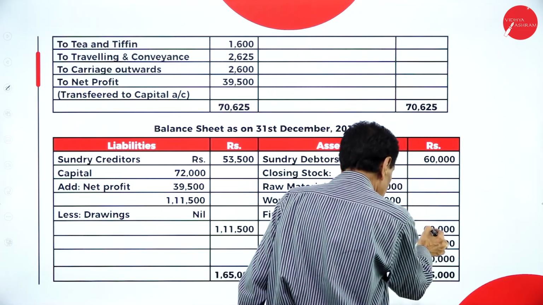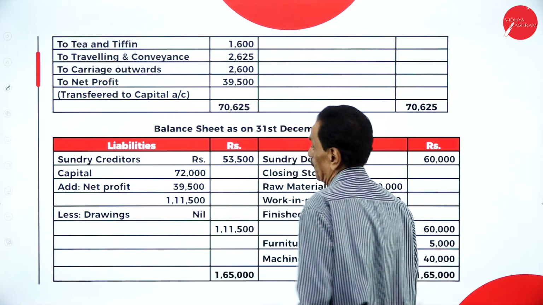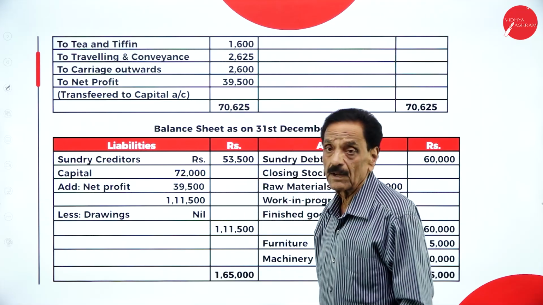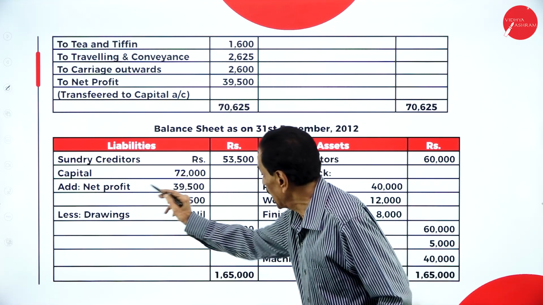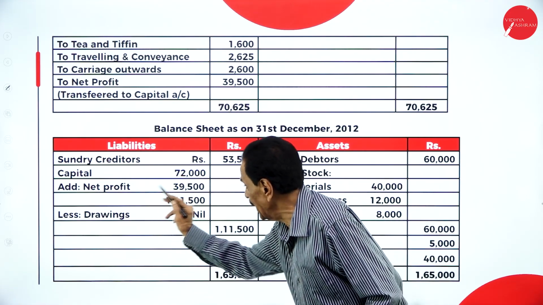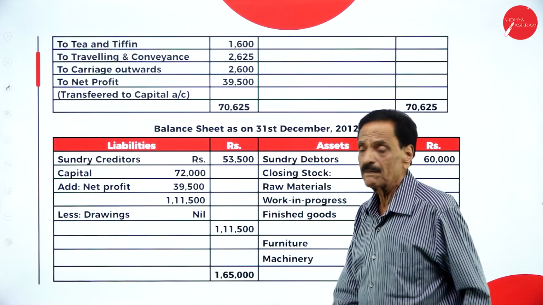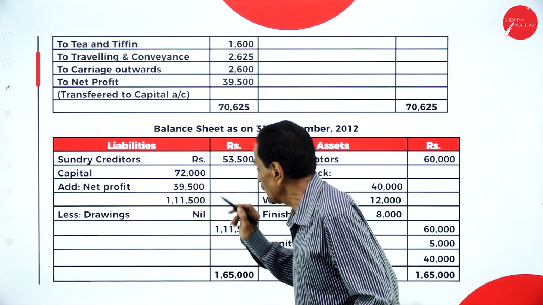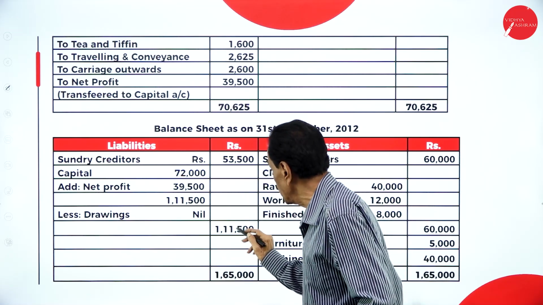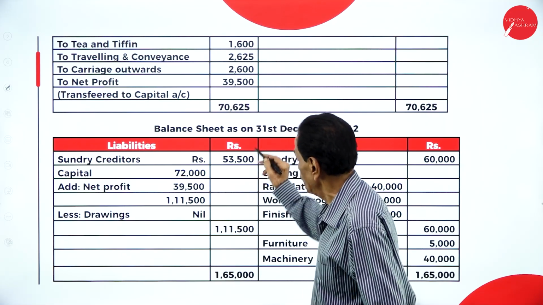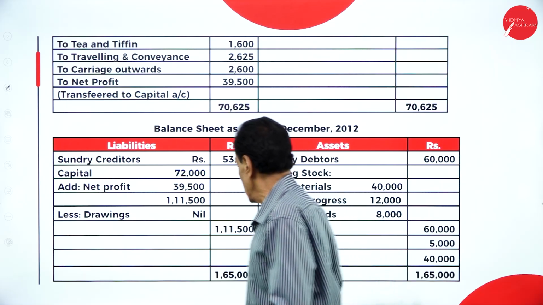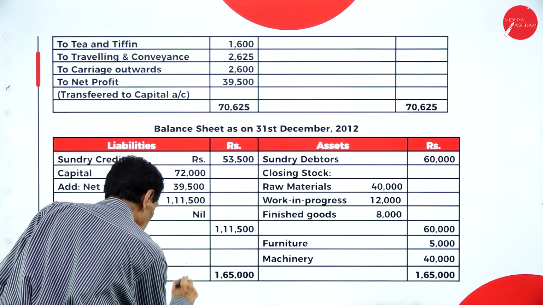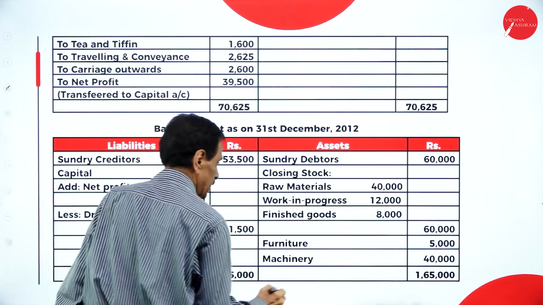Totally 1,20,000, 1,65,000. Your creditor is 53,500. Capital 72,000, add net profit 39,500, then it becomes 1,11,500. No drawing is there. Add this figure, it will tally for 1,65,000.